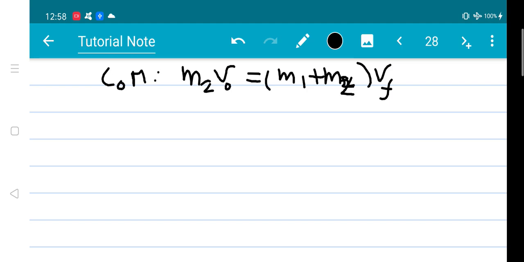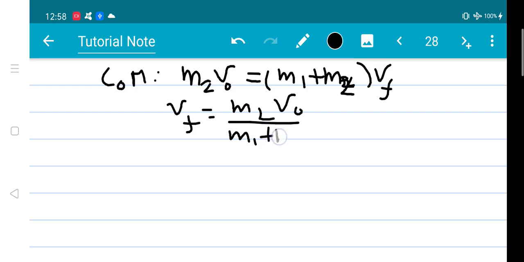From this we can find the value of vf to be m2 v0 upon m1 plus m2.